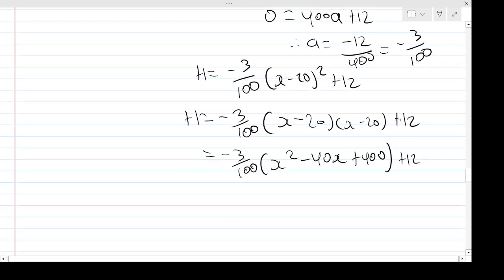Then I can expand this out. So I'm going to get minus 3 over 100 x squared. Minus 3 over 100 times minus 40 is 6 over 5.